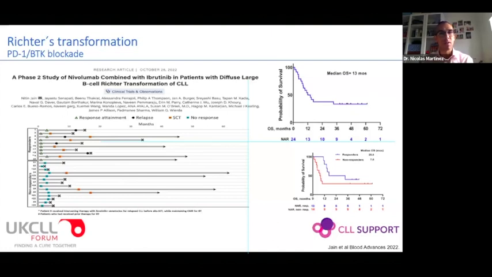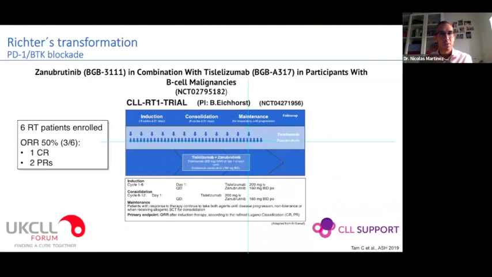We'll see what comes of this. This is a study that's been published this year from a multi-center US study. As you can see, the responders on the right-hand side of the Kaplan-Meier curve have a 3-year survival which is close to 50%, which is actually not bad. Obviously small numbers, as usual for this type of study.